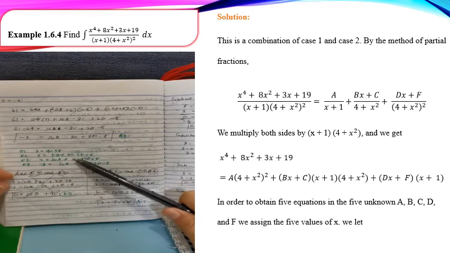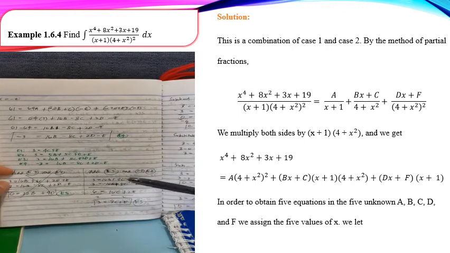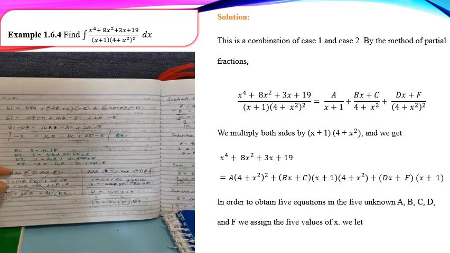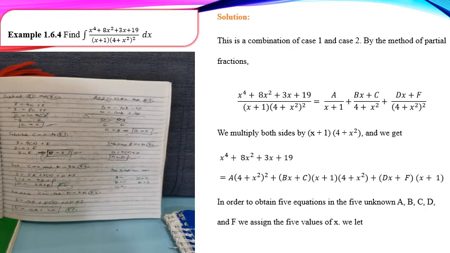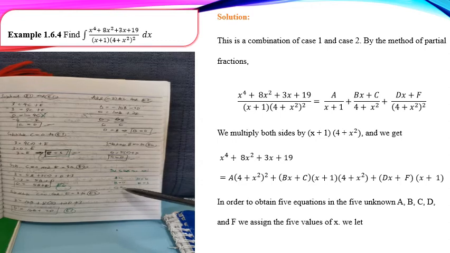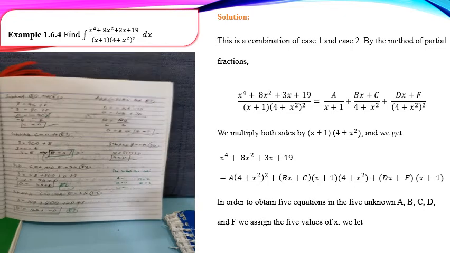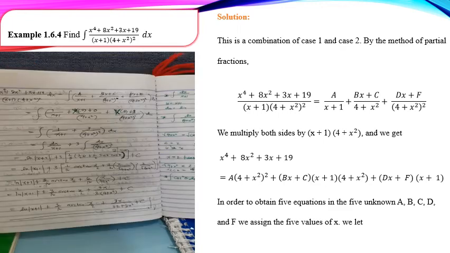Sinummarize ko dito, so pwede ninyong gamitan ng elimination to obtain the 4 unknowns. So, ang value nila is A is equal to 1 yung nakuha natin, B is equal to 0, C is equal to 0, D is equal to 0, and E is equal to 3.